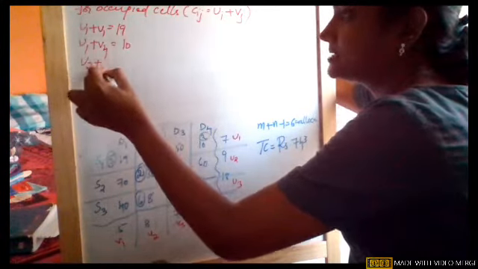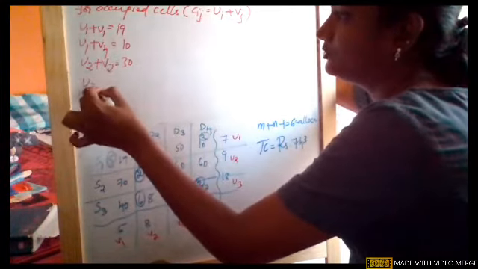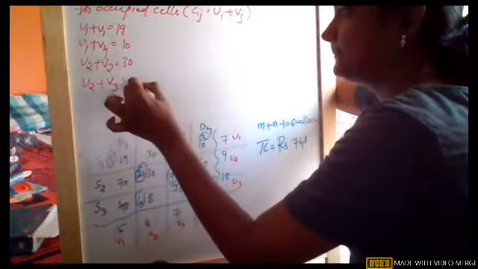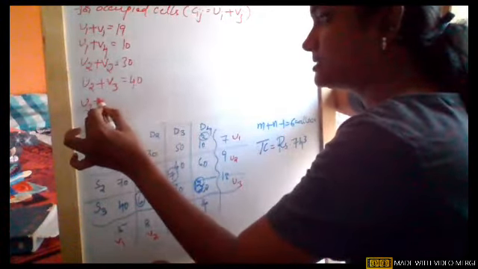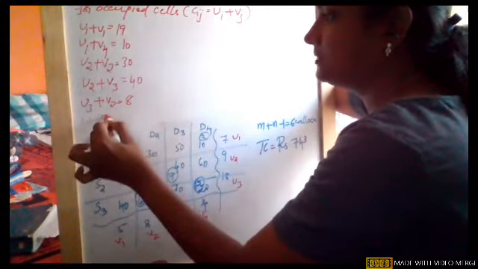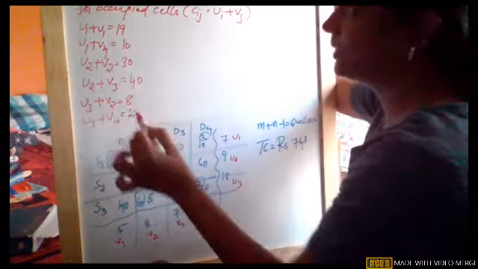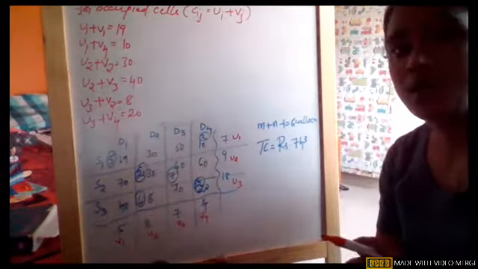U2 plus V2 is equal to 30. U2 plus V3 is equal to 40. U3 plus V2 is equal to 8. U3 plus V4 is equal to 20. So these are all we were able to derive using the occupied cells.